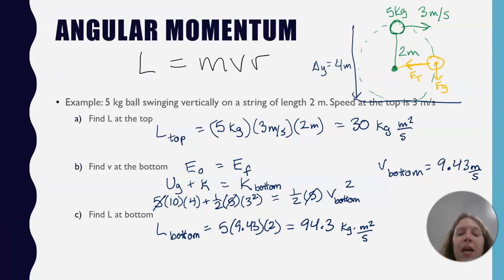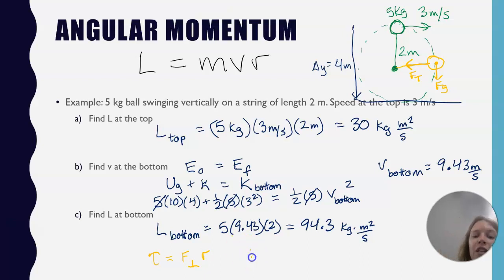So what is doing torque? What force is exerting a torque to cause a change in angular momentum here? Is it the tension? Well, tension is acting along the radial line, and we know that torque has a couple equations, but torque is force perpendicular to radius. So those two are parallel, so the tension is not exerting a torque.